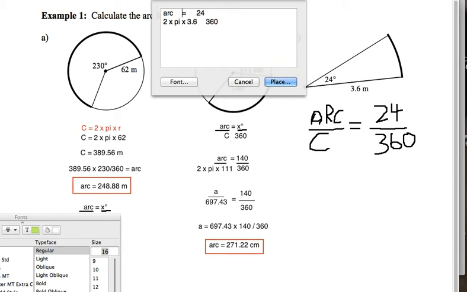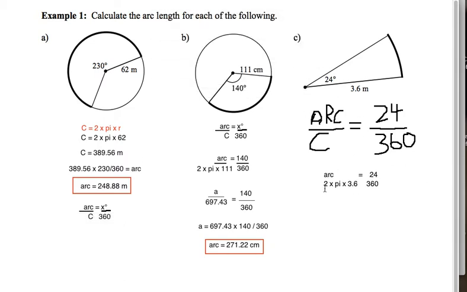Right? So it looks like this. And then just so you guys know what I'm talking about, put some lines in there. So arc over circumference equals the central angle divided by 360.